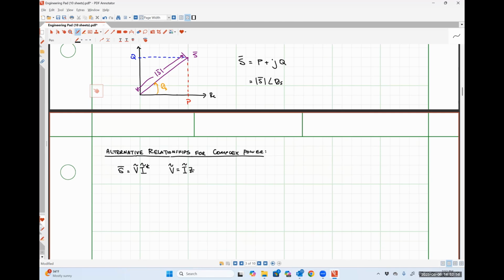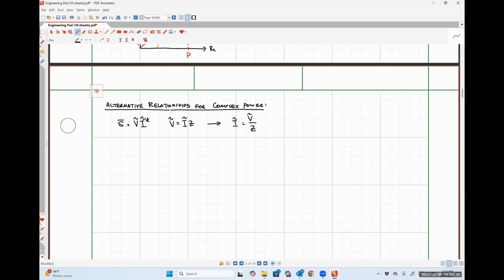We just put the squiggles on top of both V and I, and we can get away with that because V with a bar over it is just V with a squiggle over it times square root of 2, and I with a bar over it is just I with a squiggle over it times square root of 2. So there's just the same factor of root 2 on both sides. So those guys cancel out, and once again, Ohm's law just looks like Ohm's law. For what it's worth, I could also write this as I is equal to V over Z.